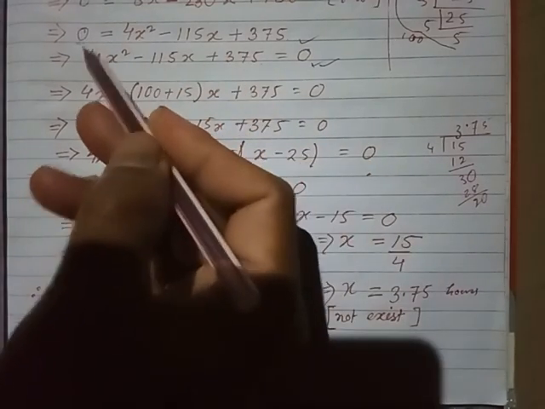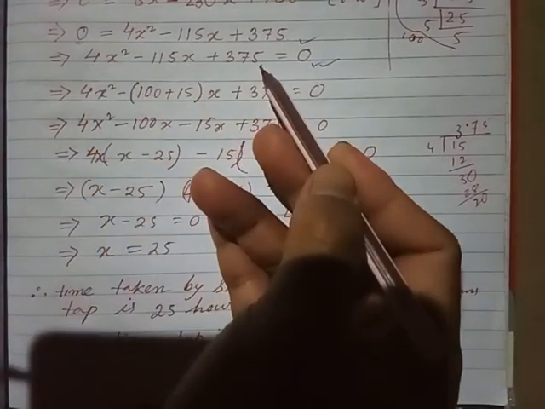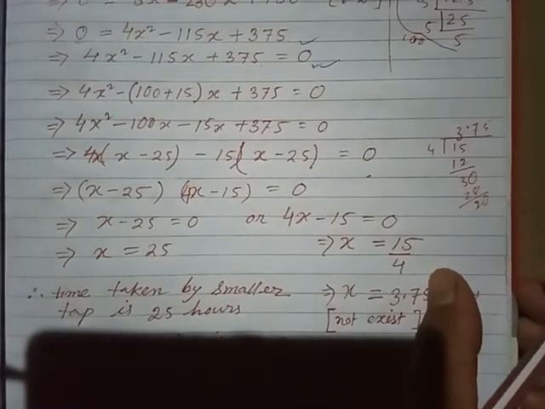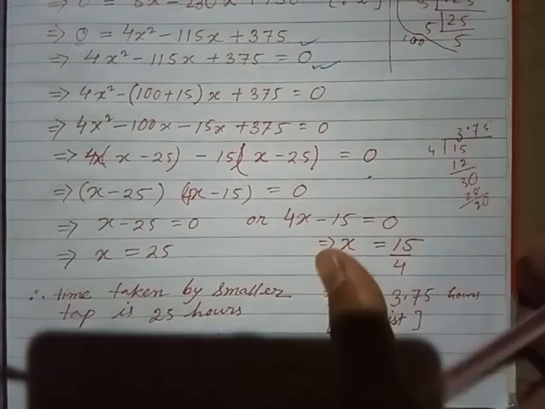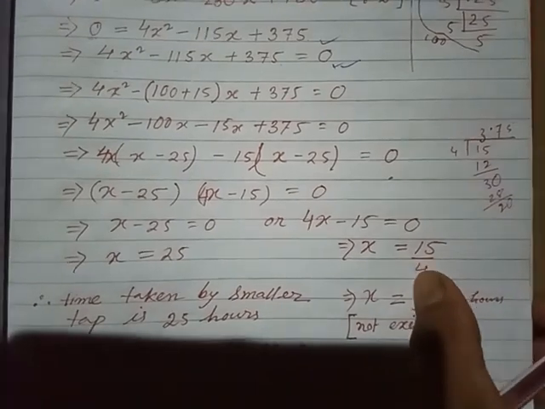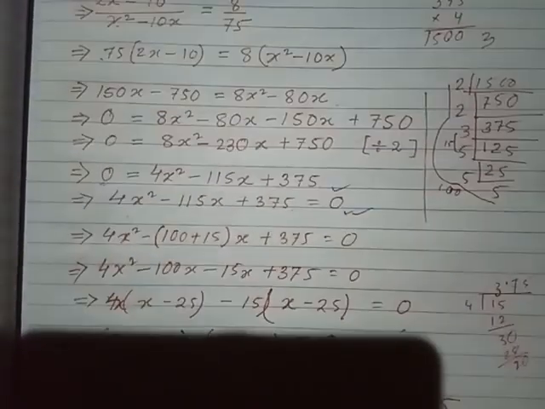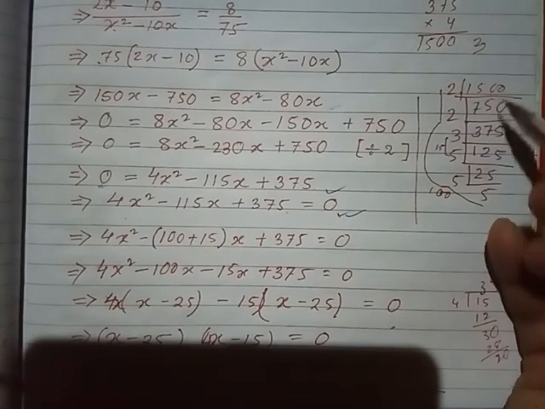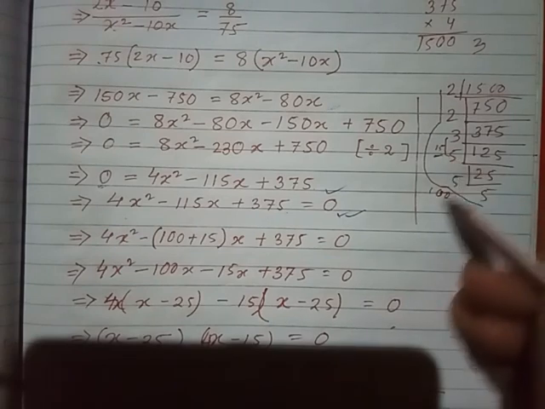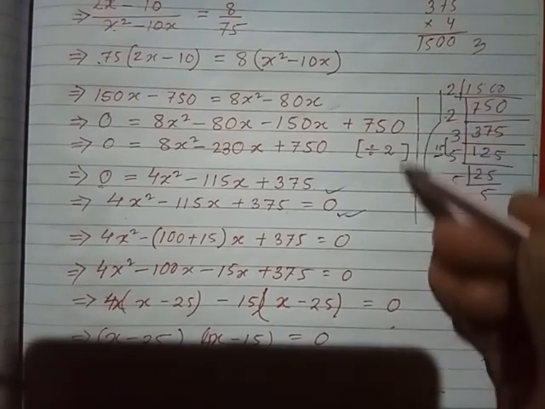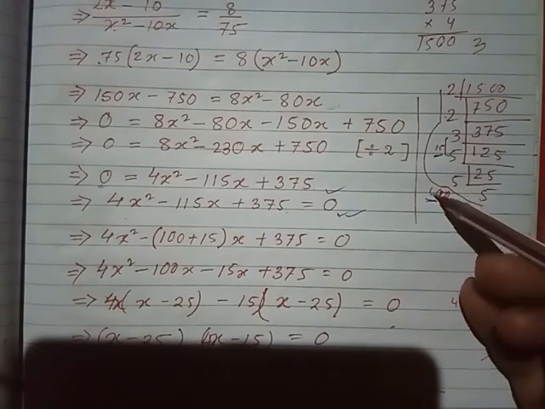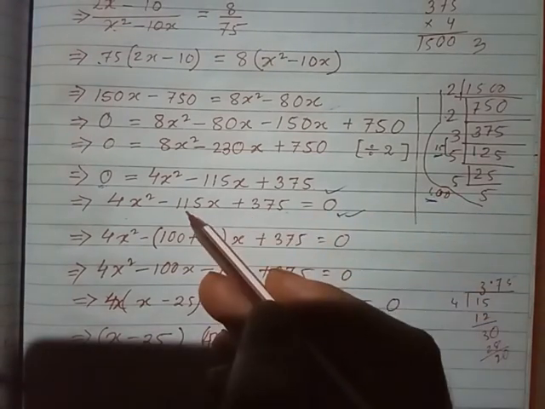So I multiply these two numbers, 4 and 375, I got 1500. With the help of 1500 factorized like this, with the help of factors I got 15 into 100. 2 4s are 8, 4 into 25, 5 25s are 100, 3 5s are 15, 15 and 100 can form 115.